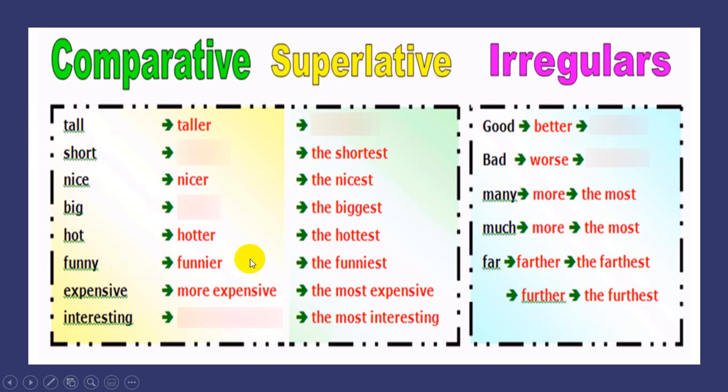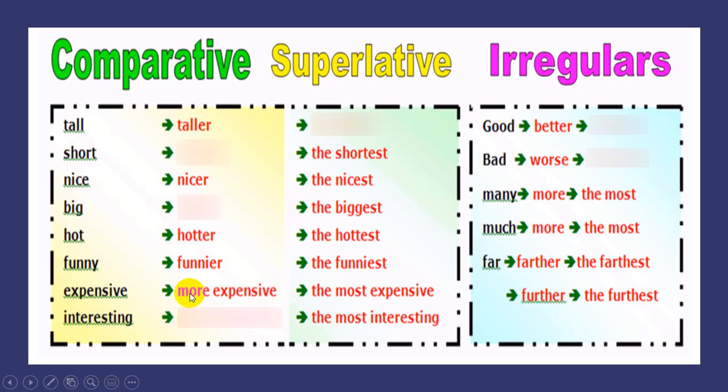Funny, funnier than. Expensive, we can't say expensiver. We can't add er to expensive because it is too long. So we put more expensive than.